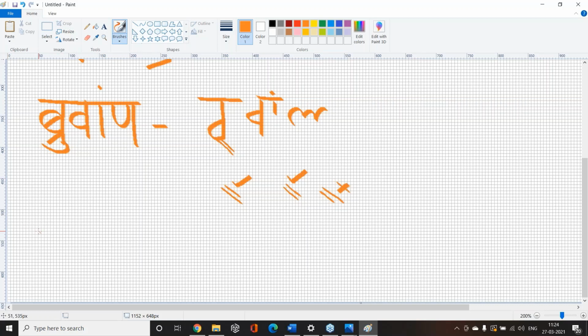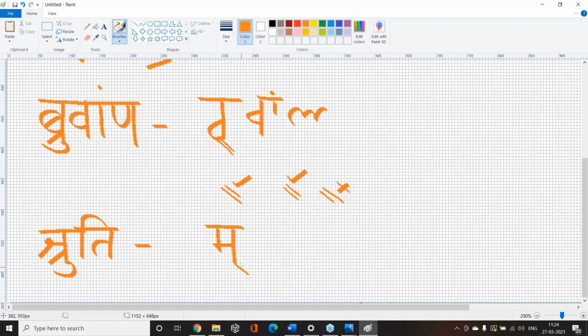We'll write another word, for example, shruti. Shru. Now, shra we have already learned last time, and the matra ra is attached below. This is how it is written, correct?